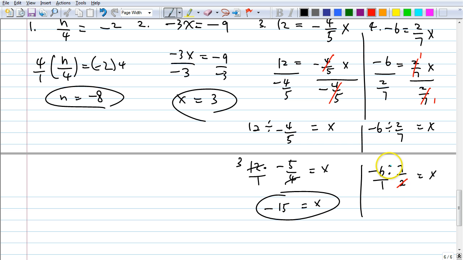How many times? So should I write negative 3 or 3 here? Negative 3, because you're dividing negative 6 by positive 2. So what's the answer? How many people got negative 21 as your answer? How many people think that you could do this on your homework tonight? Okay? Sure, good. All right.